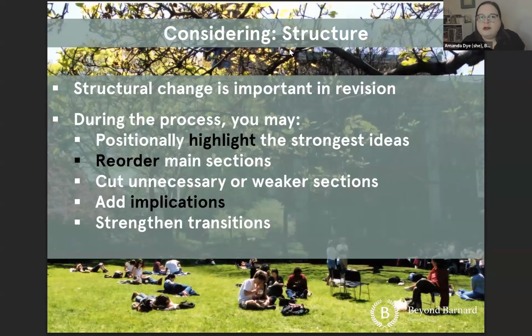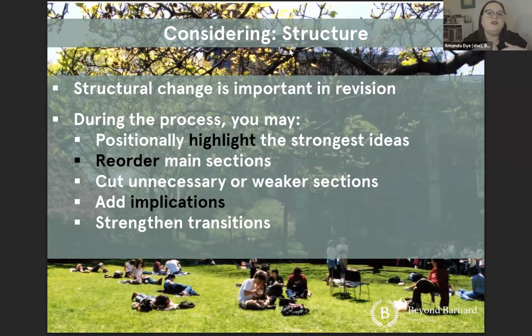When it comes to structure, meaning maybe where you put particular ideas or how much space you spend on particular things, I think that it's a really central piece of revision, and one of the more exciting parts of the transformation of revision. Structural change can mean moving ideas so that you're positionally highlighting the strongest ones.